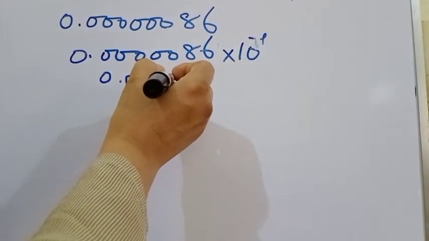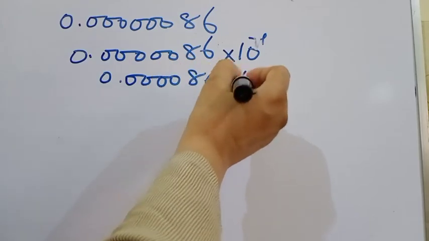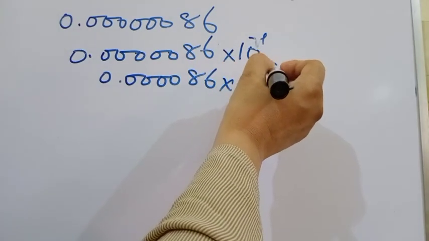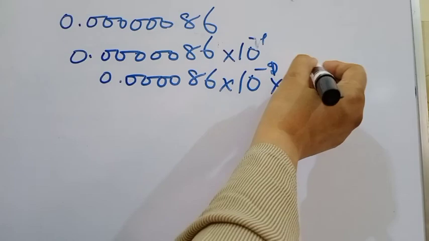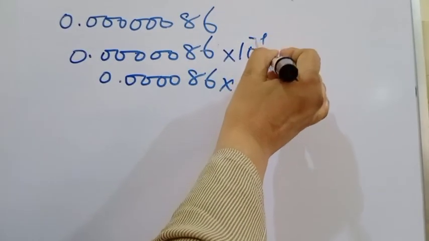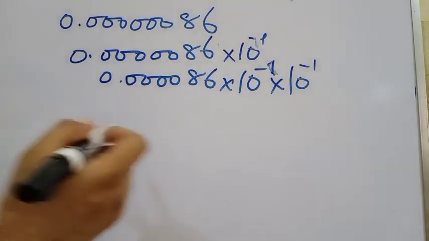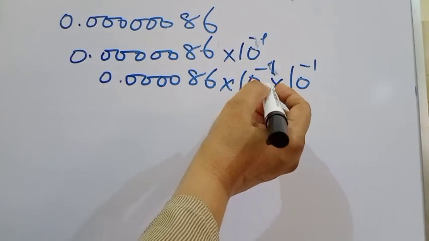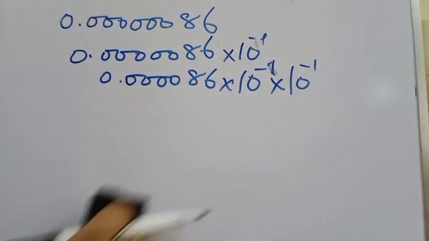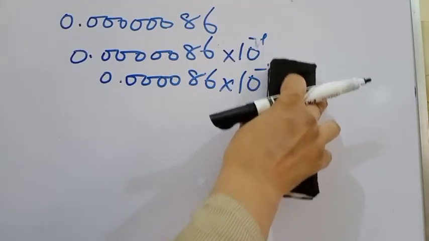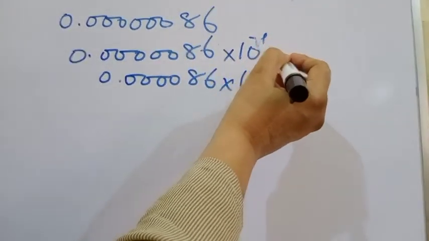And 0.00086 multiplied by 10 to the power minus 1 multiplied by minus 1, we write minus 1 and minus 1, and this is equal to minus 2 by the exponent formula.